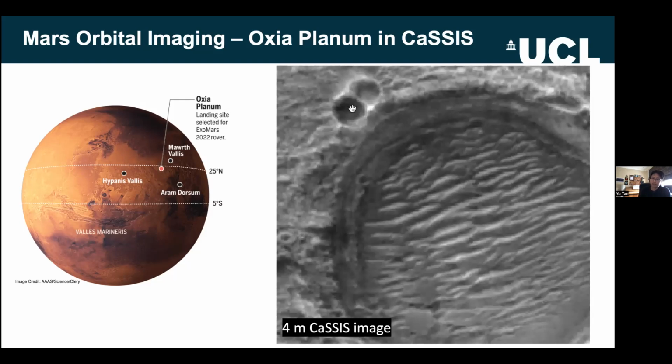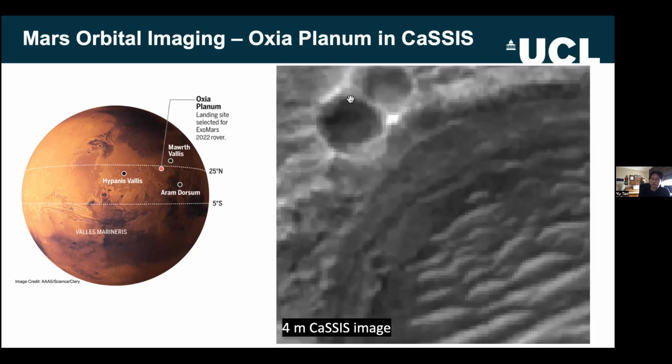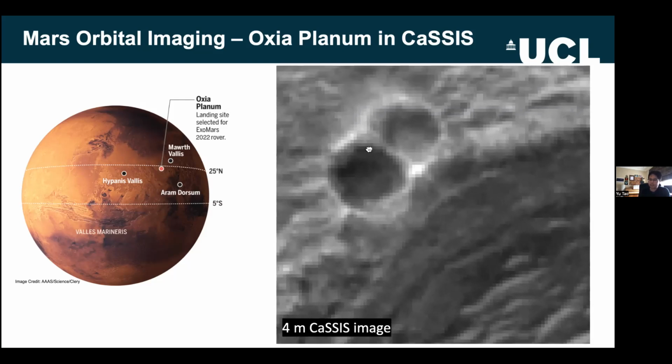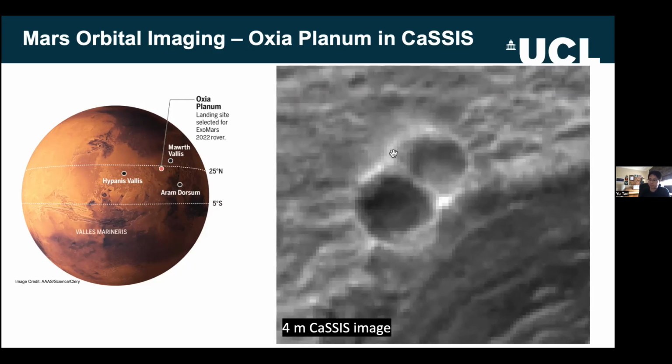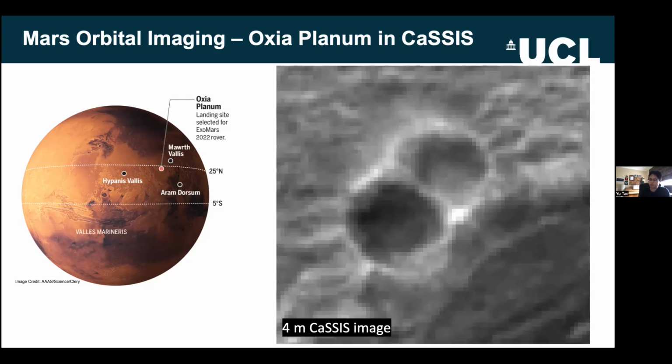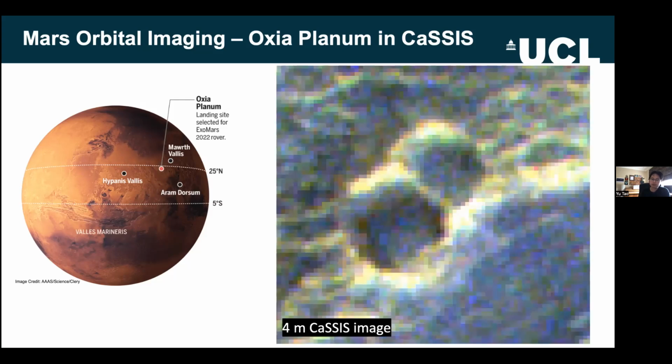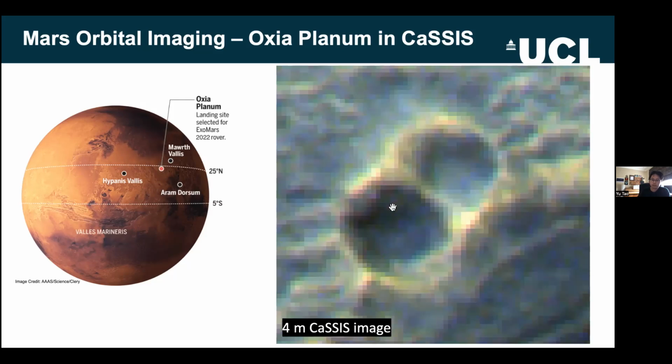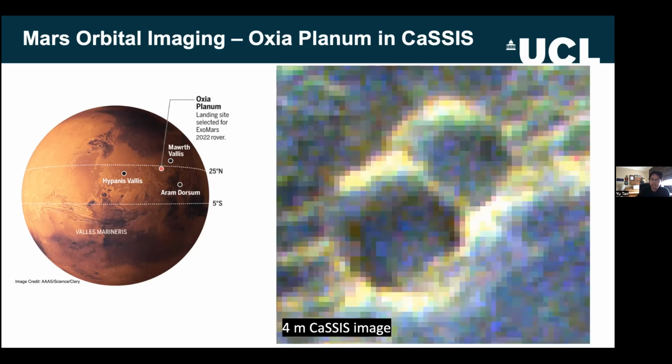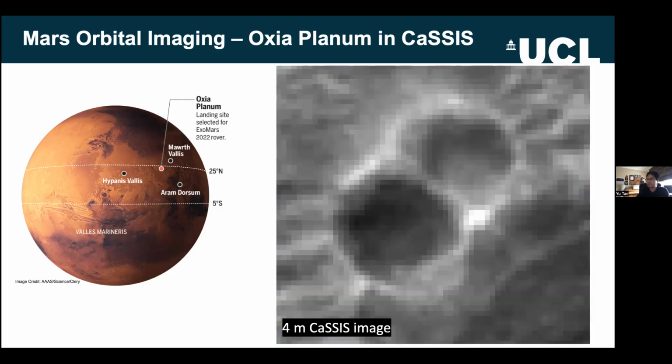However, if we continue zooming in from this bigger crater with several hundreds of meters of diameter to smaller craters with tens or a few meters of diameter, like this one just to the top left of the main crater, the details are generally missing.